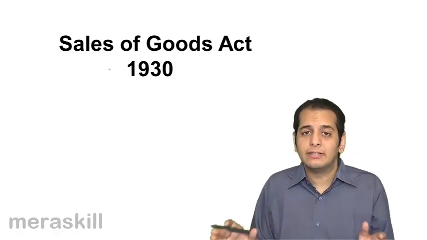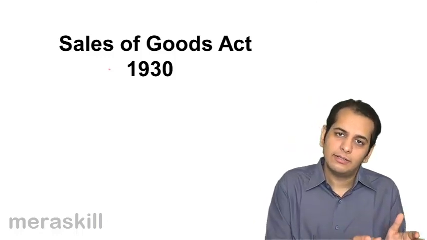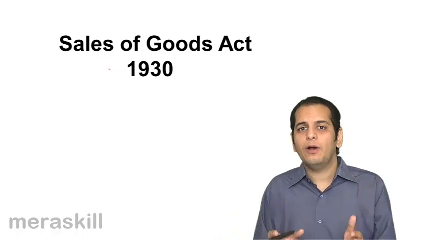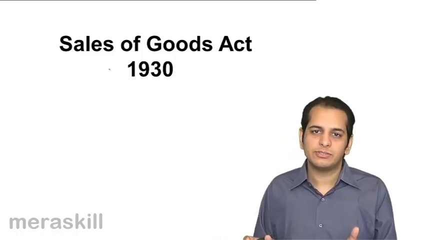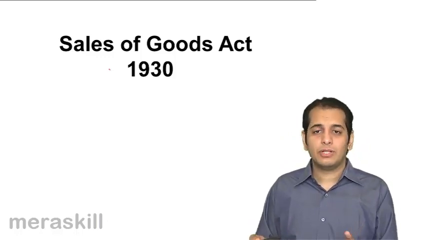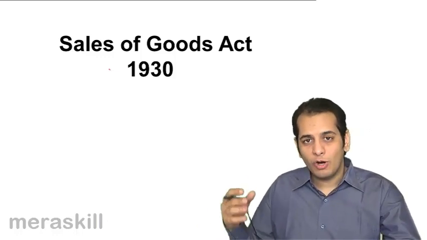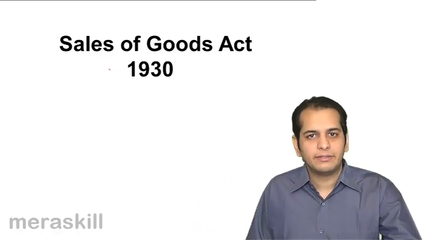It wasn't clear when the provisions relating to sale of goods were in the Indian Contract Act 1872. So, a new act, the Sale of Goods Act, came into existence in the year 1930. So, let's get on with this topic and understand what is in the Sale of Goods Act 1930.